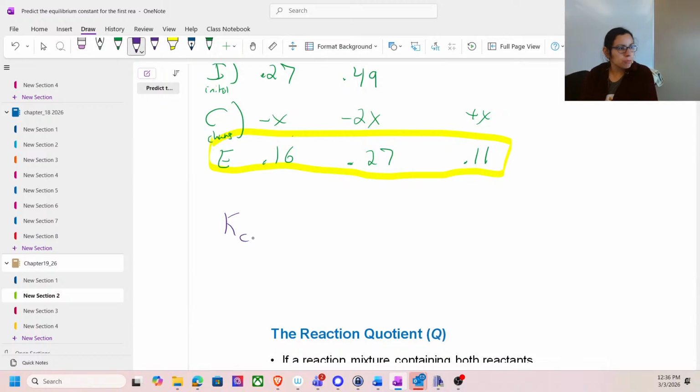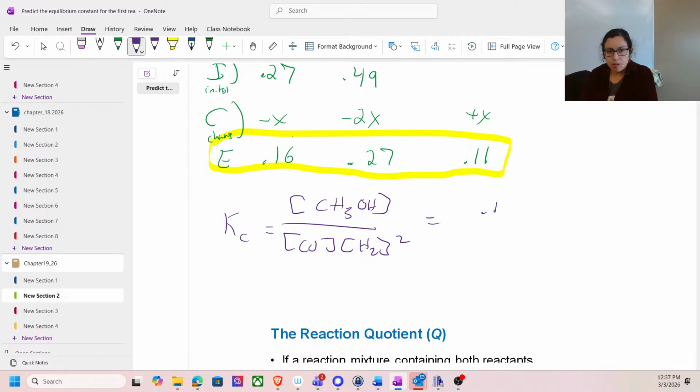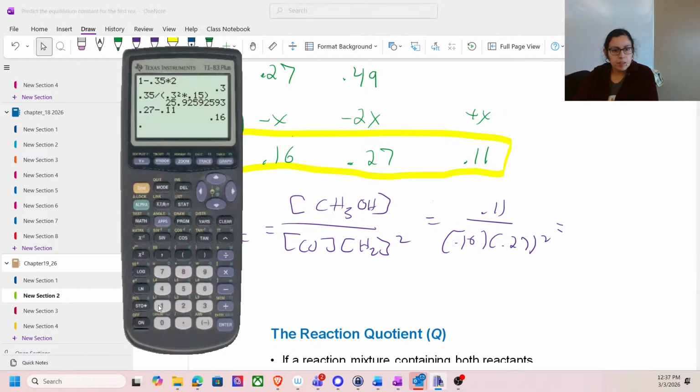So then I'll just rewrite our expression so we're all on the same page, and then plug in our values that we found at equilibrium. Let's see what that gives us. So 0.1 divided by, again, let me double check my order of operations so I don't do something funny.